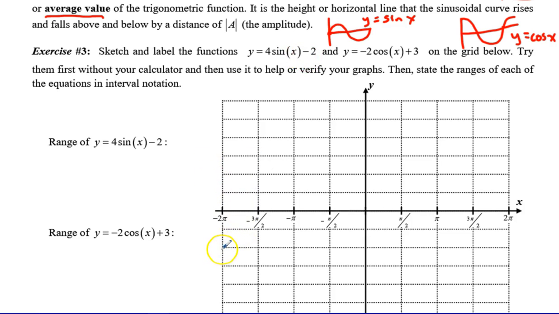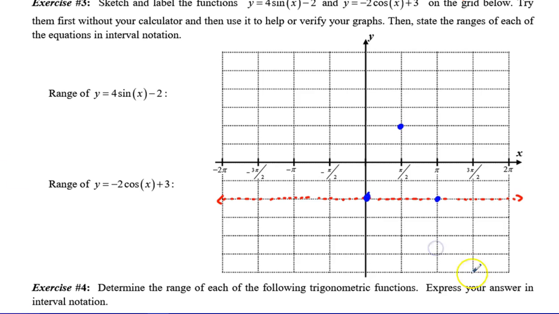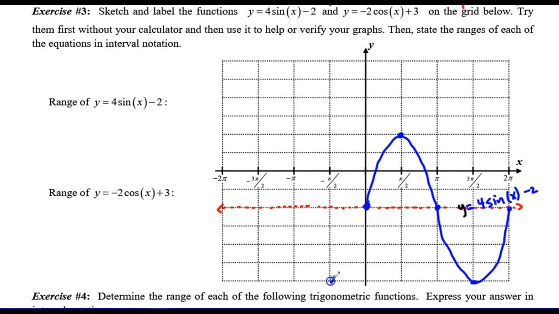Okay, I'll go through this one for you. Okay, so there's our graph of the first function. I need to know the basic pattern of sine, that it starts on the midline and goes up. And I needed to have started my midline at y equals -2.